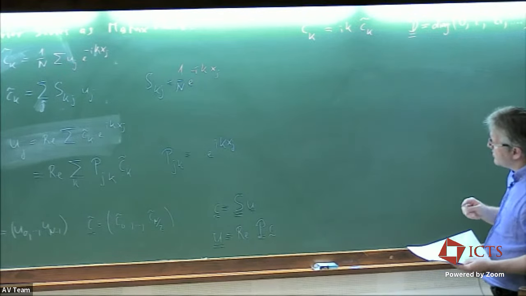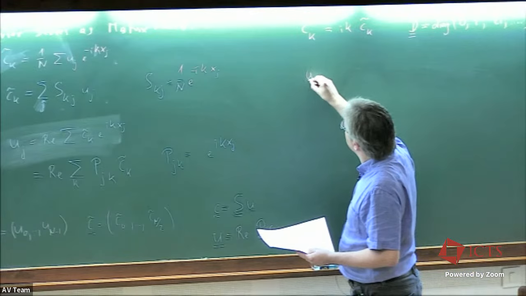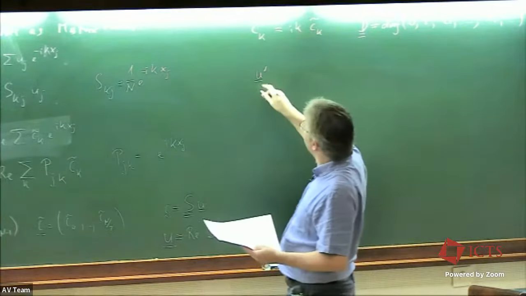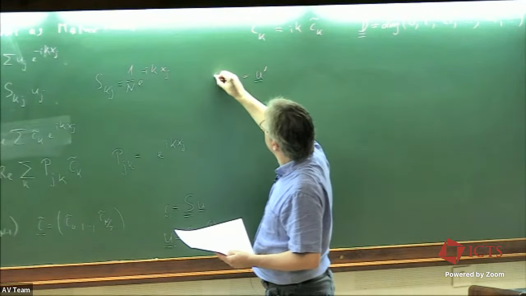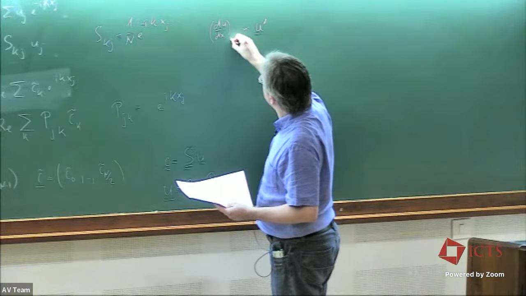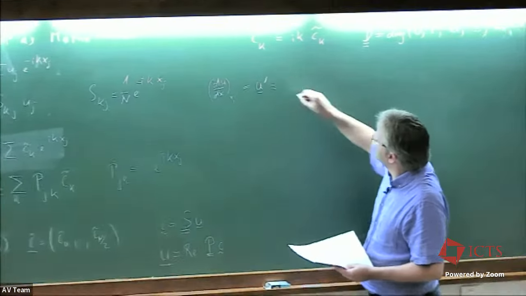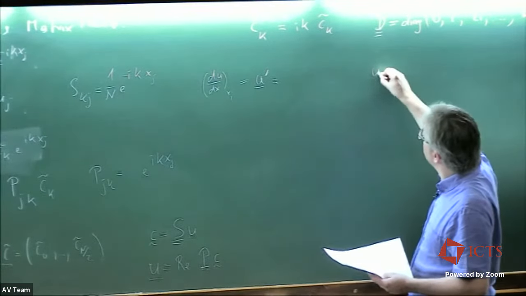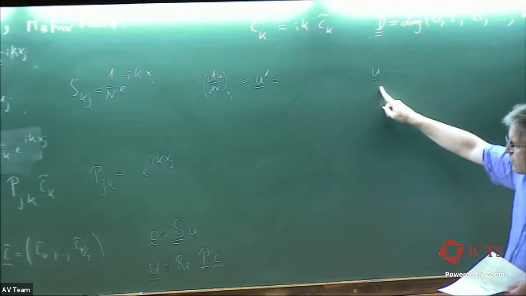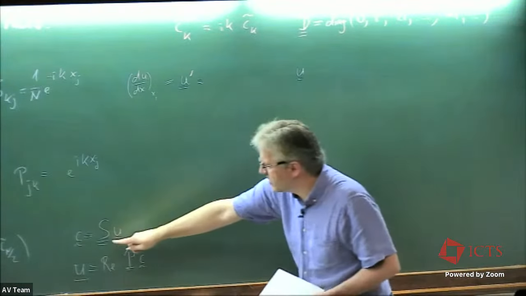And then we have the situation where I can write the grid point values of the derivative, so this is going to be du dx at the x_i. I'm starting out with the grid point values themselves. I'm first going to come to the coefficient space by multiplying with the S matrix.